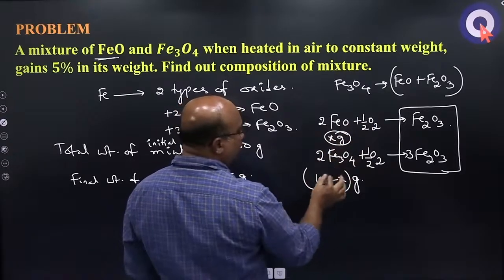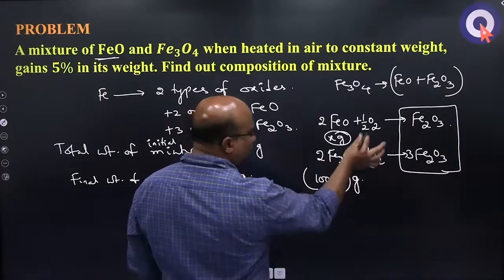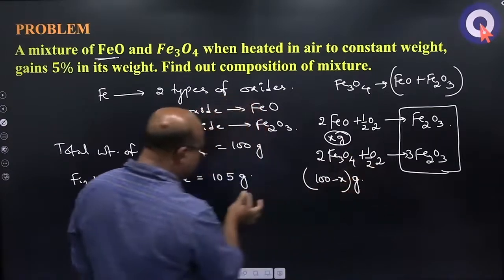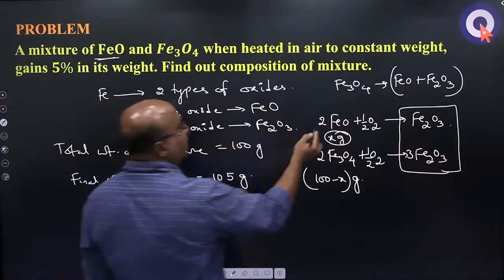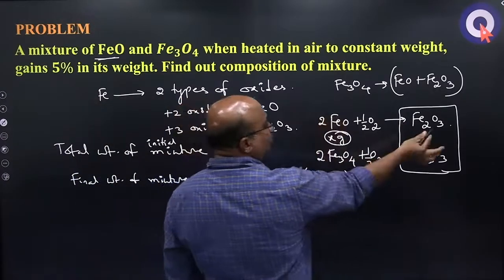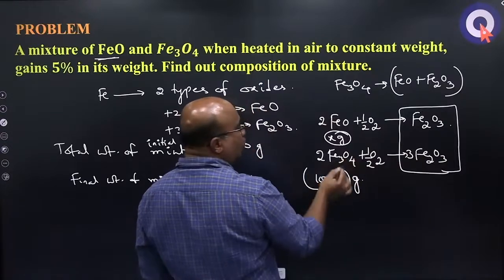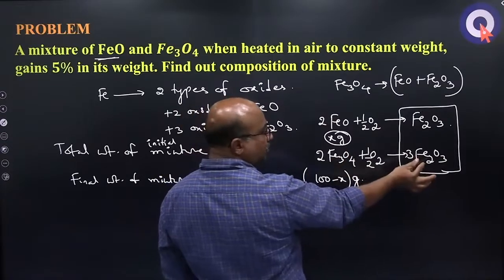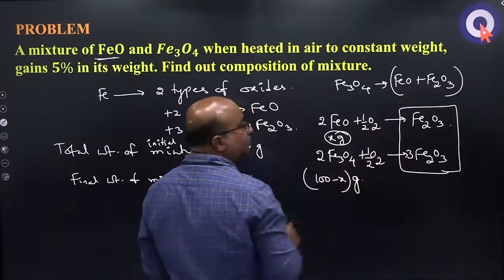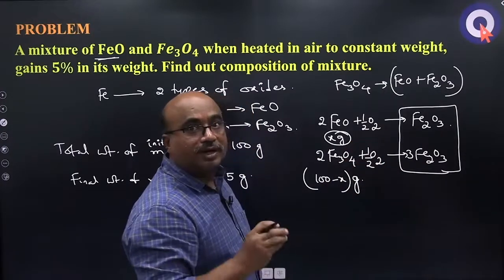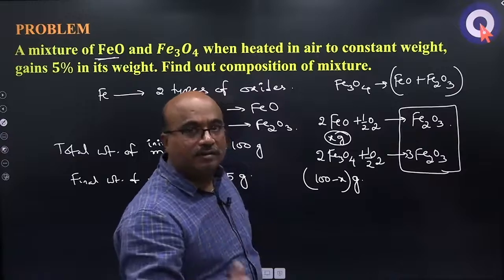For 100 minus x grams, how much is required? If you add that weight and equate it to this, that will be the final weight, because this iron oxide completely changes into Fe2O3 and this Fe3O4 also completely changes into Fe2O3. So only oxygen is adding here. What is the weight of oxygen that gets added?